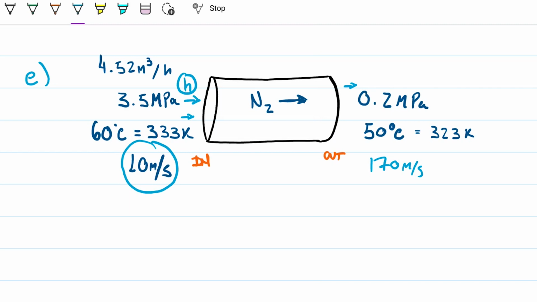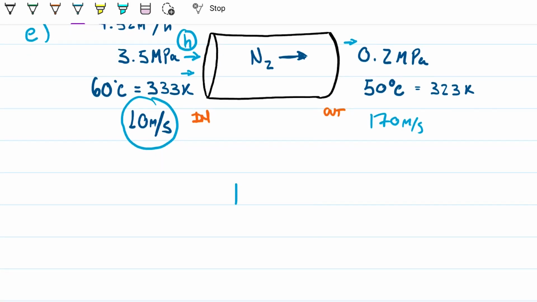So what we can do here is do a little energy balance in this pipe, and the pipe's going to be there in the center. We're going to have kinetic energy in, enthalpy in from state 1 at the inlet, enthalpy out from the outlet, kinetic energy out.